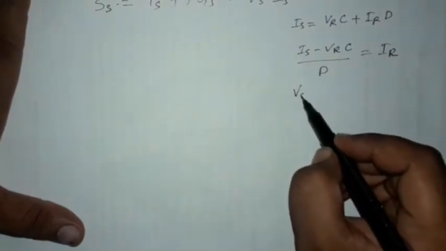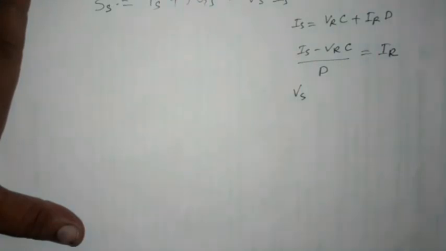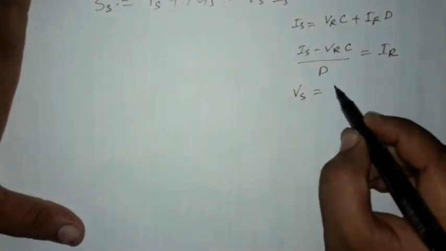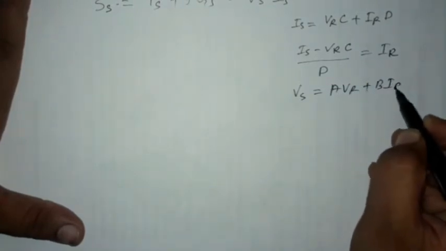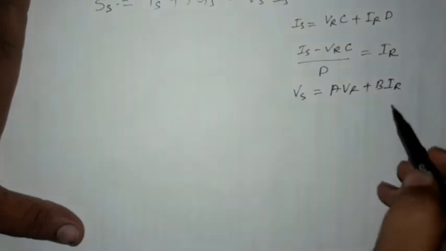Now we write the sending end voltage equation, the Vs equation. So Vs is equal to A VR plus B IR. So we put the value of IR here.